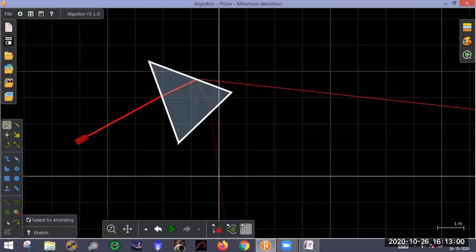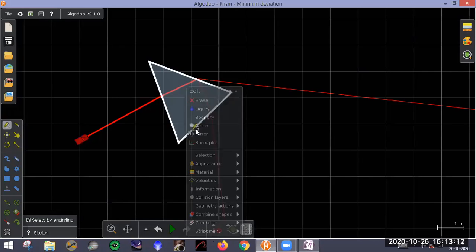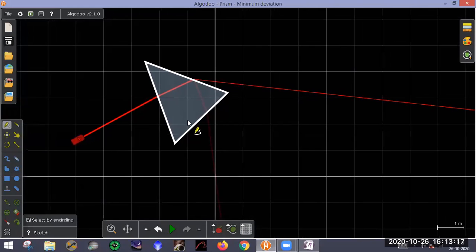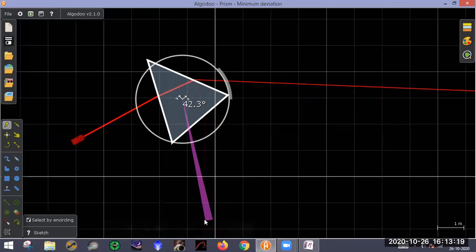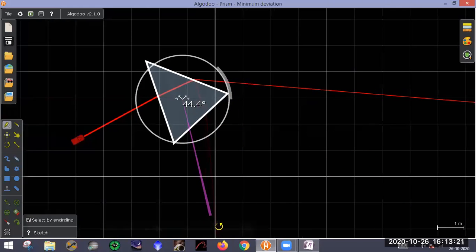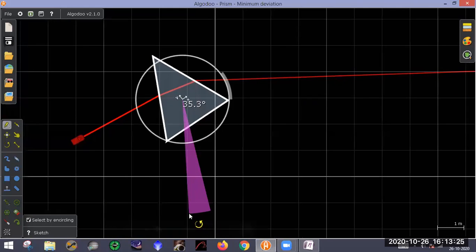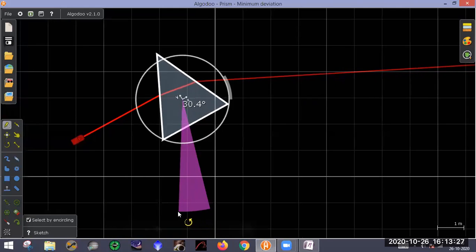I want all of you to focus on over here. This ray was actually meant to be going here somewhere, but it's going over here. Now you see what happens as this turns. Gradually the angle of incidence is increasing, but you see the deviation is decreasing.